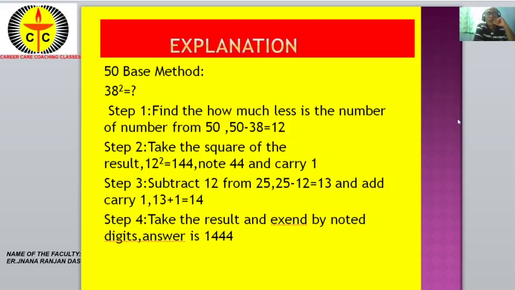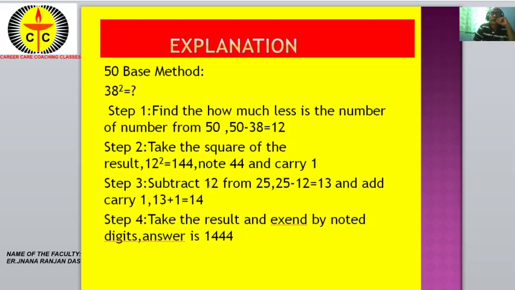In the case of 38, the first step is to find how much less the number is than 50. So 38 is 12 less than 50. I take the square of 12, which is 144. In 144 we keep 2 digits, note 44, and carry 1.